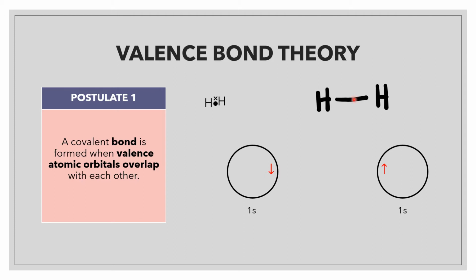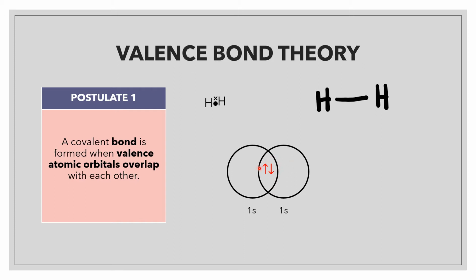So according to valence bond theory, formation of this covalent bonding can be explained by using orbital overlapping. So what actually happens in the formations of this covalent bonding adalah one atomic orbitals of hydrogen will overlap dengan atomic orbitals of the other hydrogen.